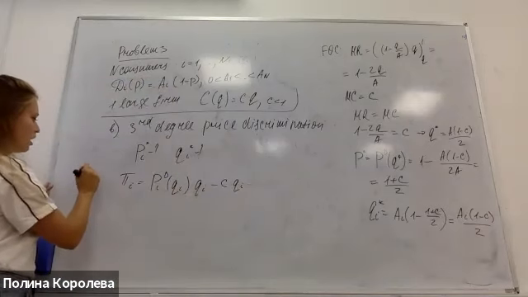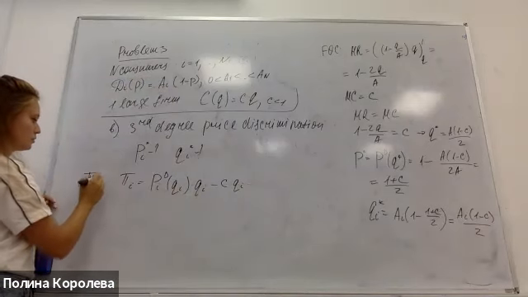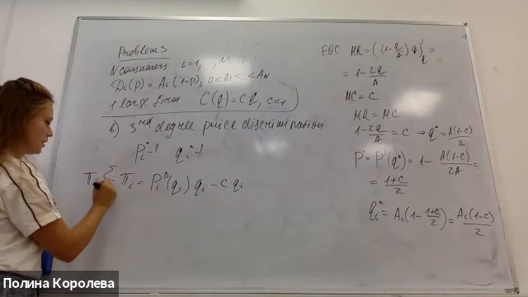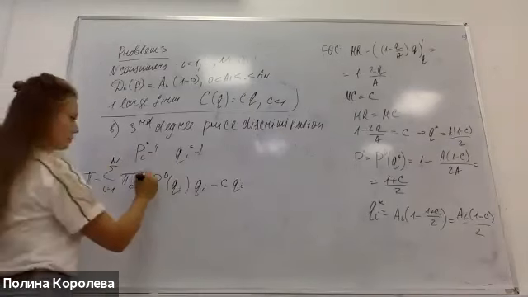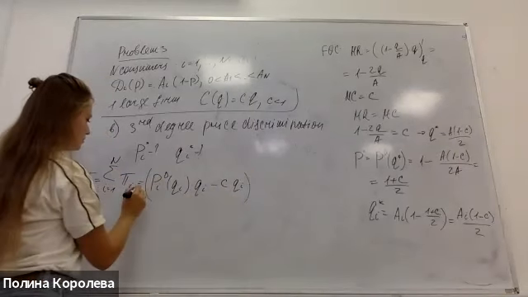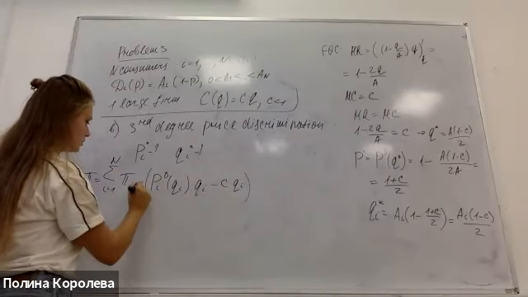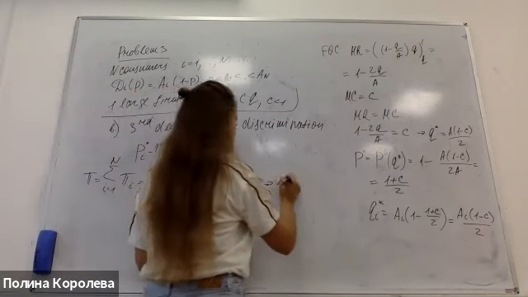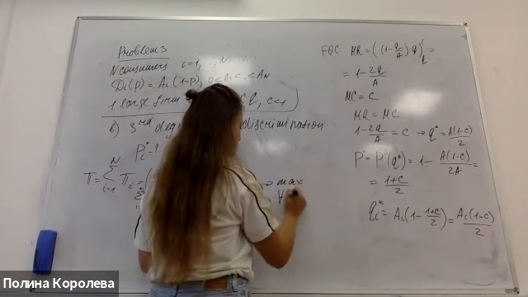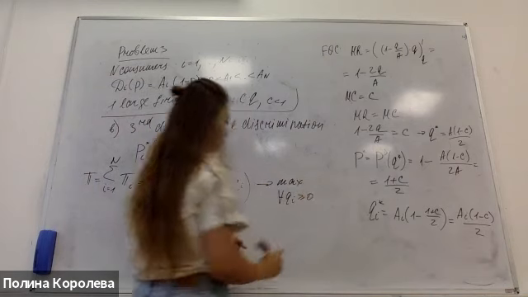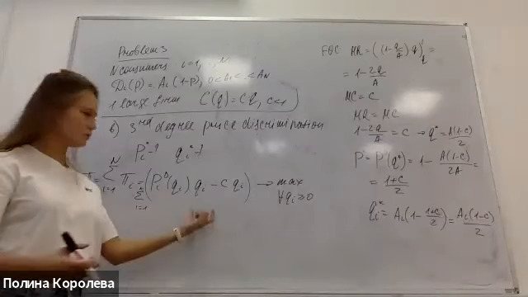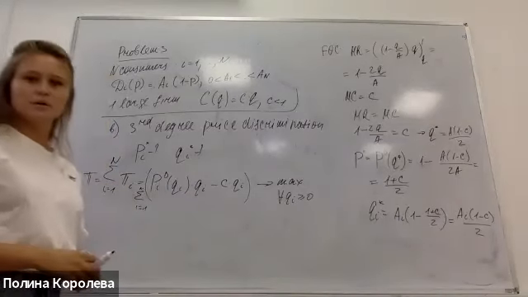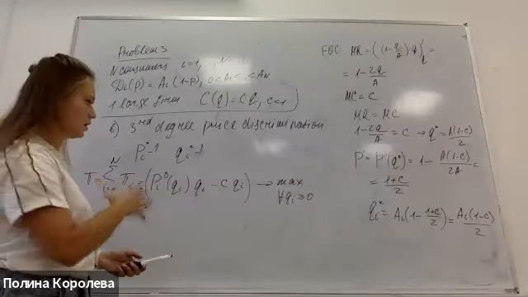And our big profit will be the sum from i equal to 1 to n of these profits, and I should maximize for each quantity Qi greater or equal to 0. So we can maximize not the sum, but only one profit, and then write down that this is true for each profit.